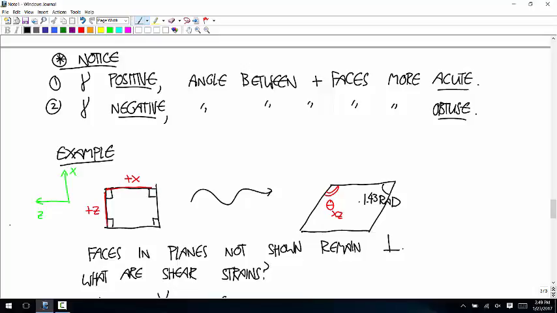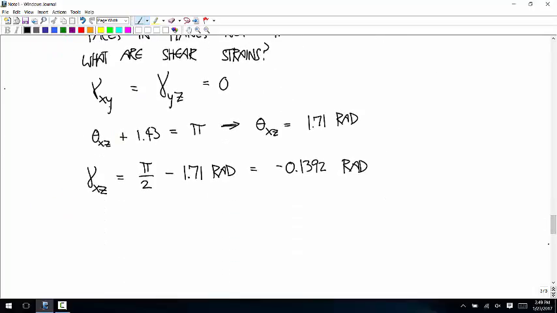Even though this one got more acute, this is the one between the positive faces, and it got more obtuse. So it should come out negative. Something went wrong if you know it got more obtuse and it's positive.